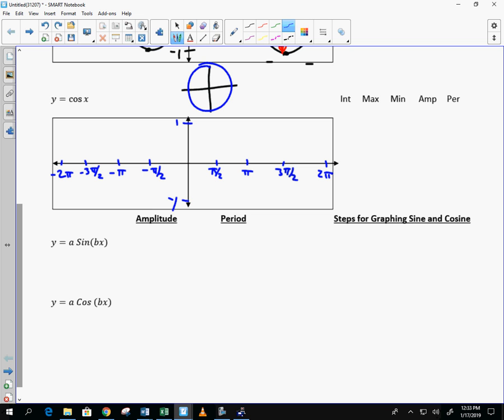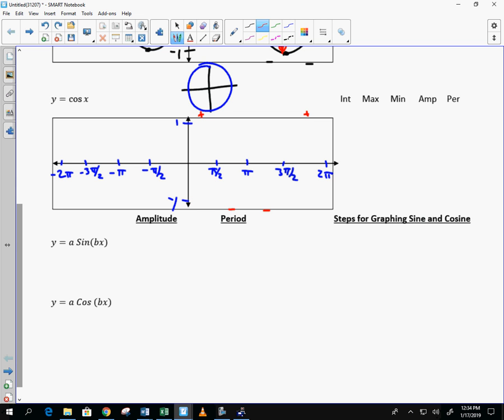Who could tell me where is cosine positive and where is cosine negative? Cosine is positive in the first and the fourth, and it's negative in the second and the third. So I know the graph is going to be above the x-axis, then below, then above.